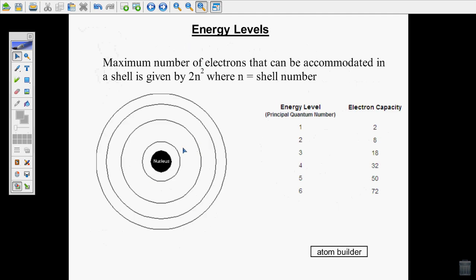So here is what we would call the Bohr model, and this is how we would represent an atom. We have the nucleus in the middle, and then we have energy levels or shells, and each shell is represented by an N, and this tells us how many electrons can occupy each energy level. So the first energy level can only hold a maximum of 2 electrons.